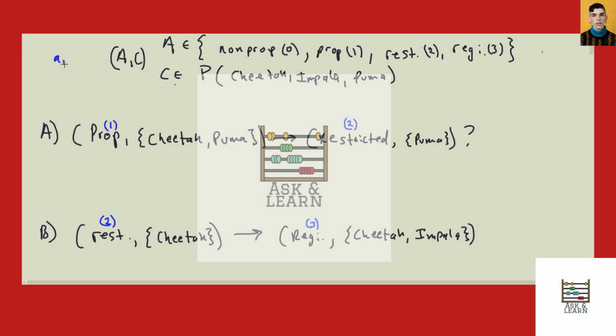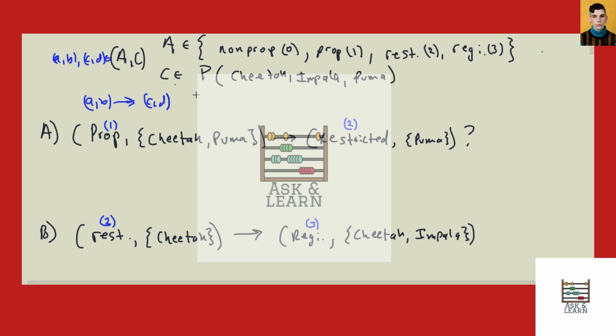If we had two elements that are an element of this, or an ordered pair, then the only way we can have information passed between these is if, notice how our authorization level A here, we can think about it as just 0, 1, 2, and 3 instead of non-proprietary, proprietary, restricted, and registered.